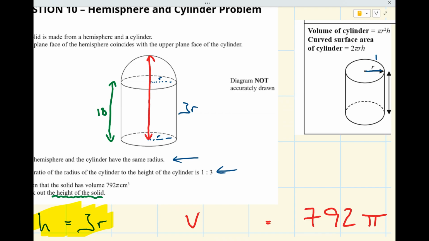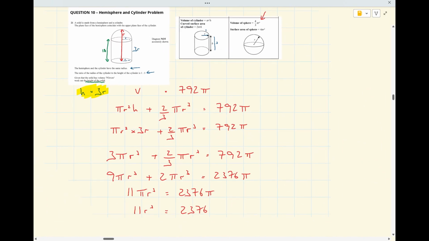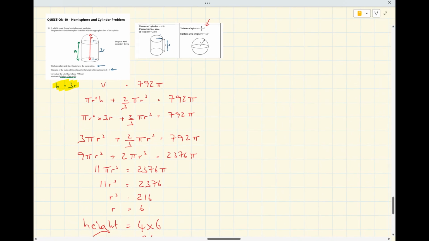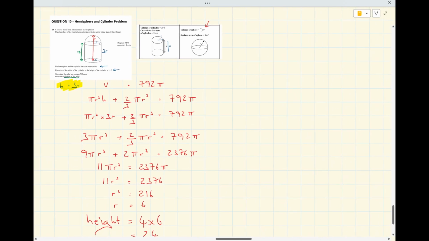So it's going to be the 18 plus another radius. So the height of the solid, in answer to the question, the height of the solid is 4 times 6, 24. And that is the final question on this set of 10 grade 9 questions.